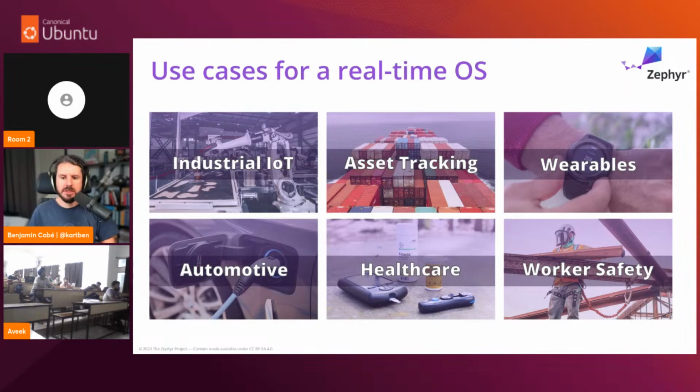What Zephyr is, in a nutshell, is an RTOS, a real-time operating system that can be used to write embedded software that's super portable and can target a wide variety of use cases and applications, all the way from really small battery-powered, maybe wearable devices, to really big things like wind turbines and anything in between, like laptops.